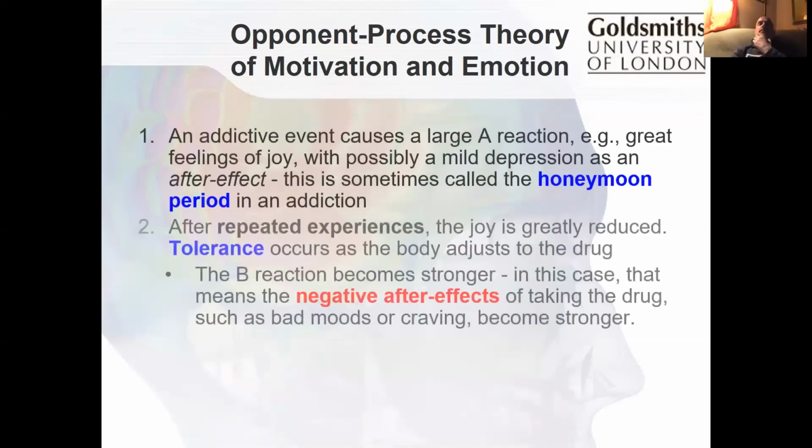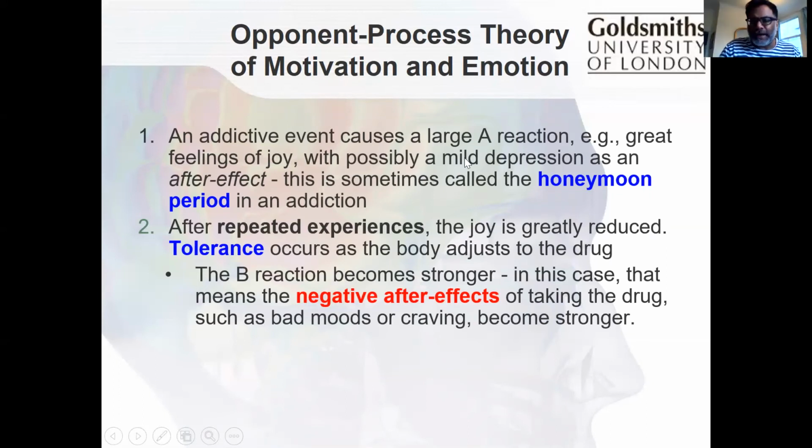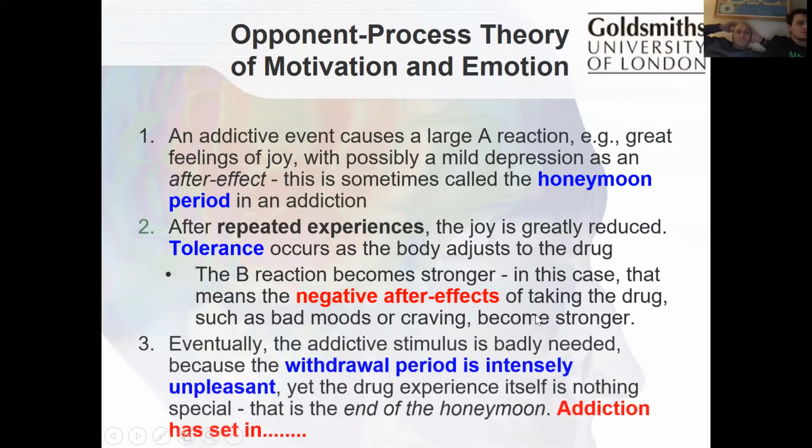Yes. So initially you have this nice, more good than bad, but then because of the response of the body and your neurochemistry, you develop tolerance. And so the negative reaction becomes stronger. And that's when you start having the bad moods of wanting some more, etc. And then eventually, the addictive stimulus is badly needed.